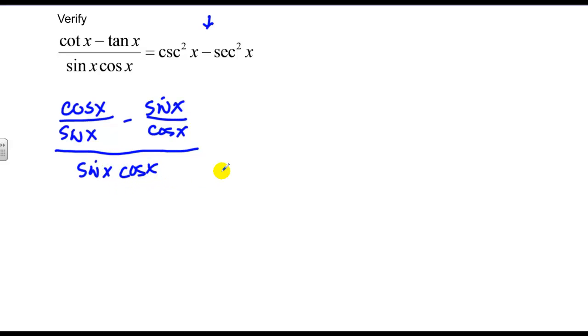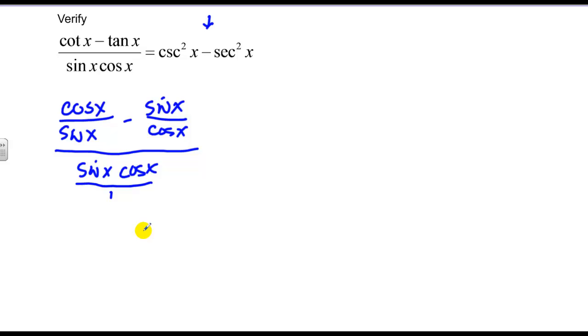You've got a couple of options on this. You could choose to do the numerator and simplify that and then multiply by the reciprocal of the denominator. Remember, this is over 1 down here. Or I could multiply by the common denominator of both the numerator and denominator and go from there.